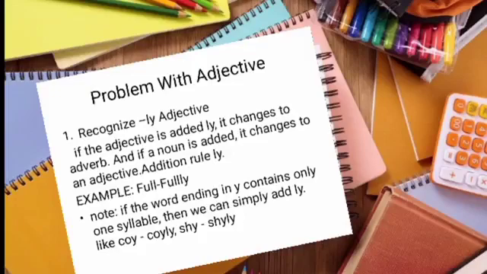Words ending in consonant plus le, just delete e, then add y, like terrible, terribly. And words ending in y with two syllables or more, replace y with i, then add ly, like happy, happily.